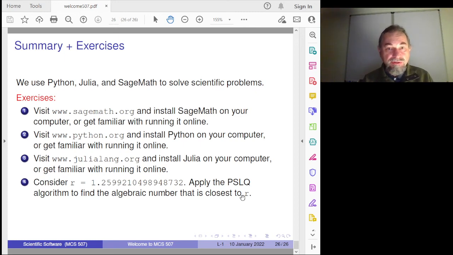You can install everything on your computer. The saying goes, may the source be with you. I'm still of the generation where I like to have all my software running locally. But in this day and age of cloud computing, you can experience this course without ever having to install any software. All software that we are using will also be available online.